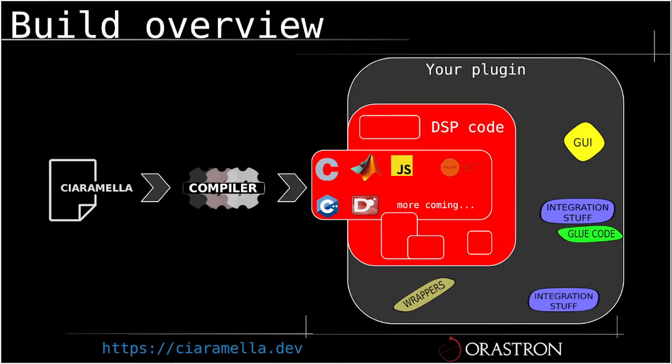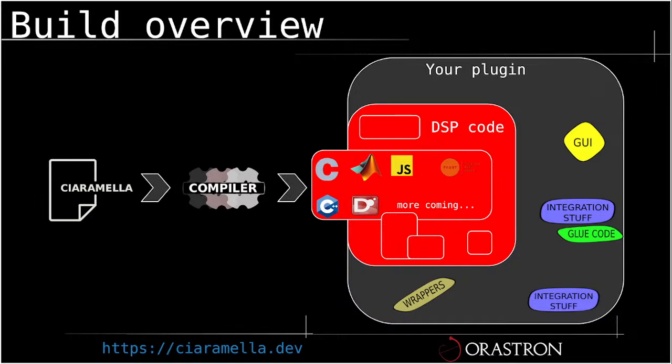So the compilation approach is that you code in Ciaramella, okay? Then you compile, and the compiler gives you some code, okay? It may be C, C++, MATLAB, JavaScript, and it is very easy to add new target code. But the idea is that you take the output code from the compiler and you can forget about Ciaramella at that point. So you can integrate that code in your project.